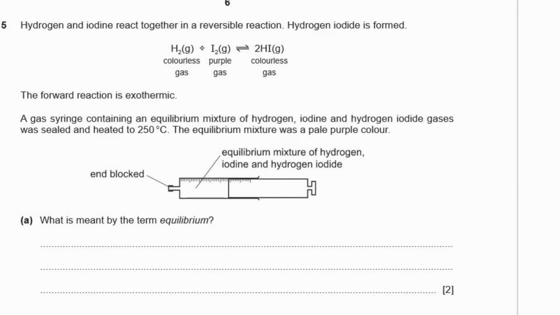So the forward reaction is exothermic. A gas syringe containing an equilibrium mixture of hydrogen, iodine and hydrogen iodide gases was sealed and heated to 250 degrees Celsius. The equilibrium mixture was a pale purple color. The gas syringe is just there so that they can change the pressure. That's why the end is blocked.